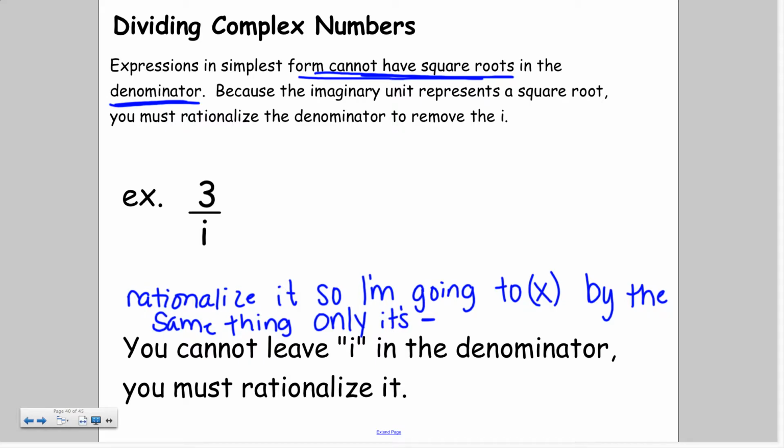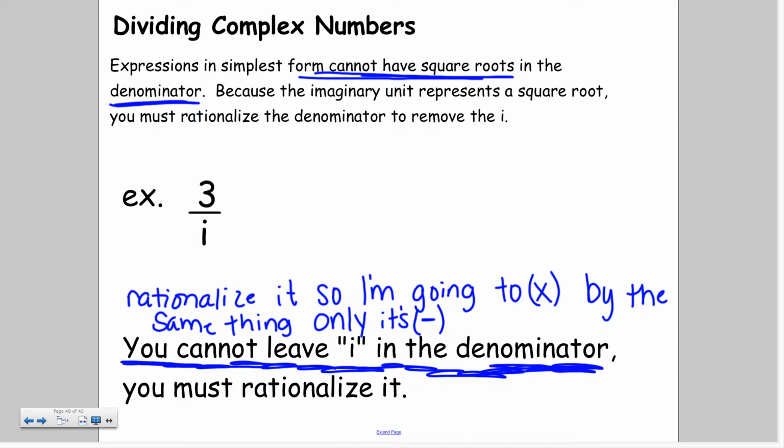Or if it's negative, it's going to be positive. So I'm going to change the sign. I'm going to multiply by the opposite sign. All right? So the reason I'm doing that is because I cannot leave I in the denominator.